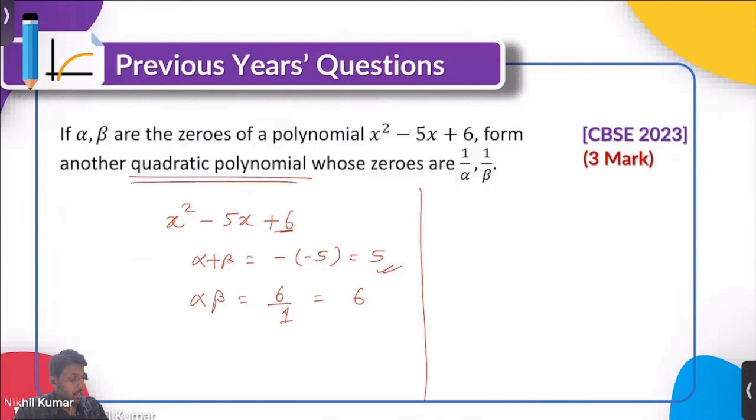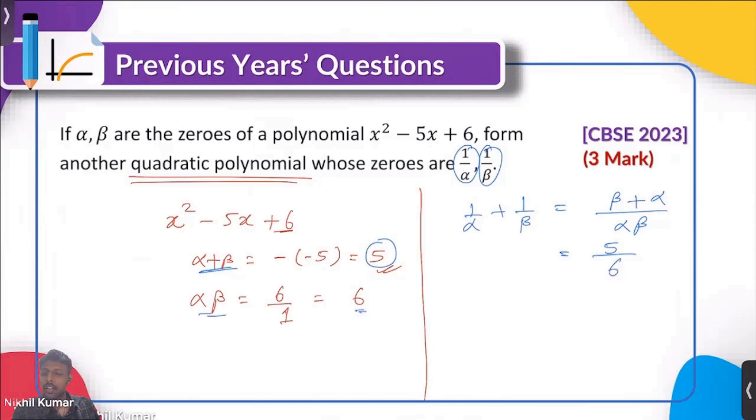See, can you find out the sum of these two roots? Let's take the LCM, alpha beta in the denominator, and here you'll have beta plus alpha. It's an interesting expression, but I know what is alpha plus beta, and I also know what is alpha beta.